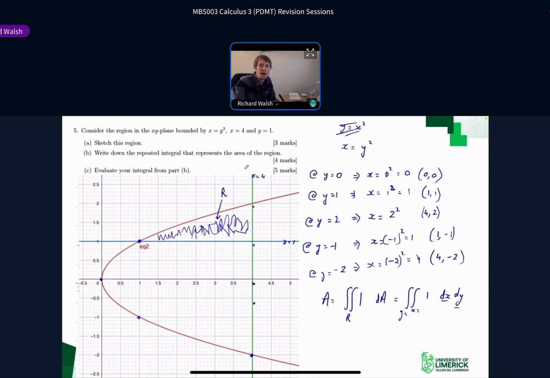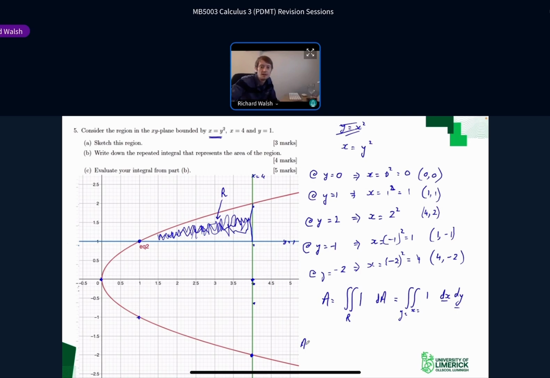So for x, it goes up as far as 4. That would be my highest x value. And all the other x values are determined by x equals y squared. So it's in this region. It goes up as far as x equals 4, and all the other values before that are determined by x equals y squared.